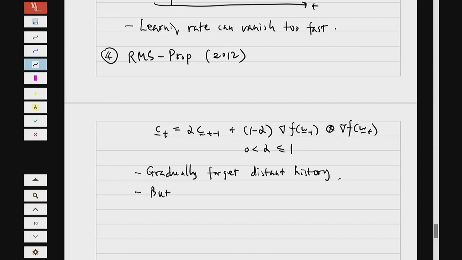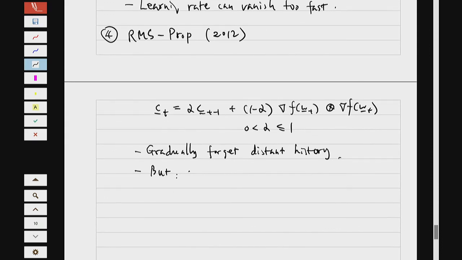But there's a small problem that now you have this additional parameter alpha to decide. Yeah, what should be the right alpha to use? This is another hyperparameter that you have to tune, right? One more hyperparameter to decide.